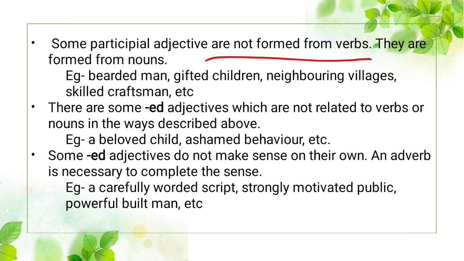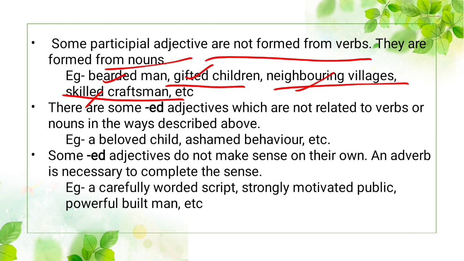They are formed from nouns. Example is, bearded man, gifted children, neighboring villages, skilled craftsman. Here we can see that the words bearded, gifted, neighboring, skilled are all adjectives, but these are formed from nouns.